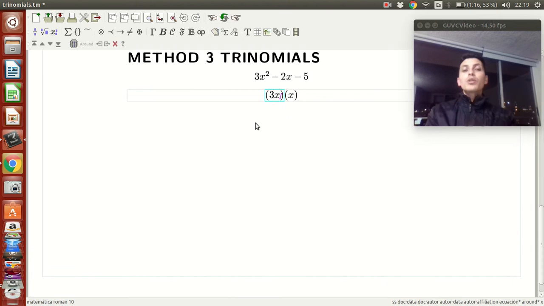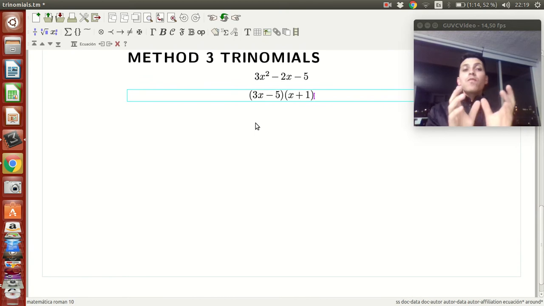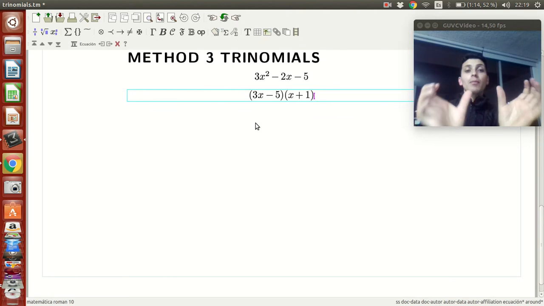And then we check the multiplication of two numbers whose product is -5. So for example, -5 and +1. So we have two terms that fulfill the multiplication of both parts.